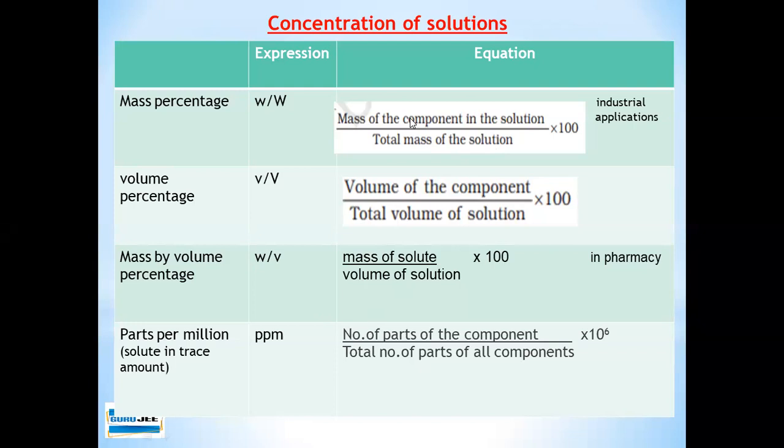So we can get 2 by 10 into 100. So mass of component in solution divided by total mass of the solution into 100 gives the equation for mass percentage. Usually we calculate the concentration of solution by this method in industrial applications.